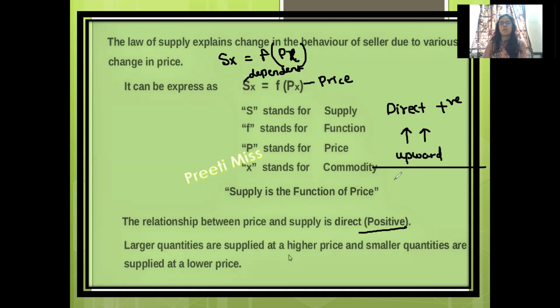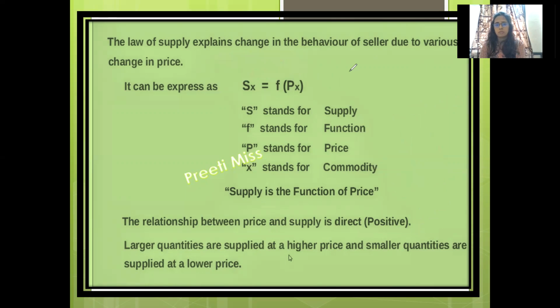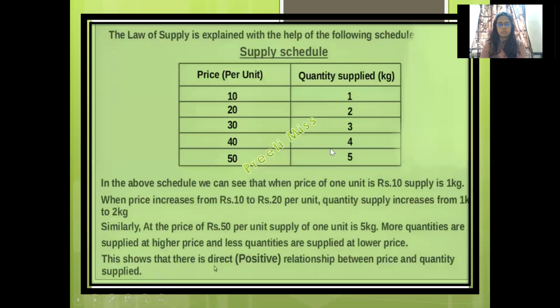And when we say indirect relation, inverse relation or negative relation, then arrows move in opposite directions and the diagram will be downward sloping. So in case of demand we have a downward sloping demand curve, and in case of supply we have an upward sloping supply curve. This is one more point you are going to add.